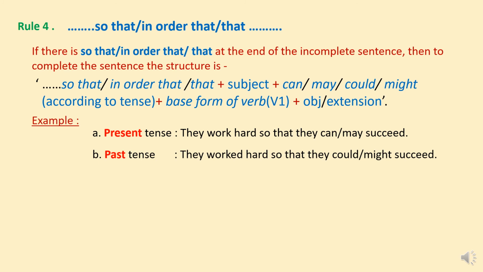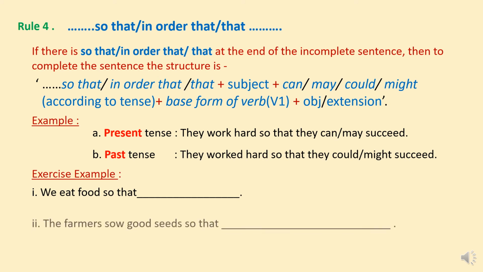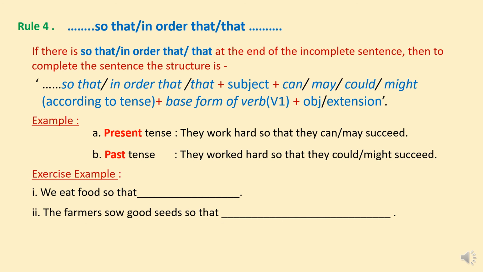How will we have it in our exercise? Let us see. We eat food so that, there is a blank. That means it is an incomplete sentence. The next one: the farmers sow good seeds so that.